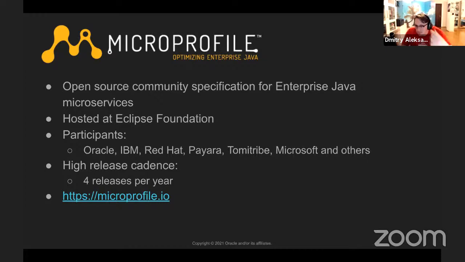And we got MicroProfile 1.0, which was only 3 specifications: CDI, JAX-RS, and JSON-P. Now we have more of them, and they are released with high cadence, like 4 releases per year. And you will find much more information at MicroProfile.io.